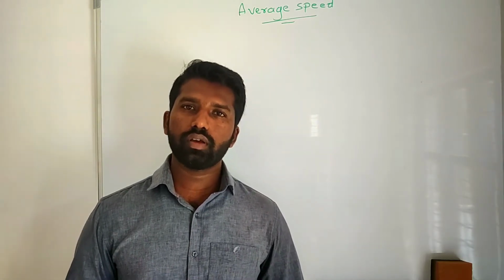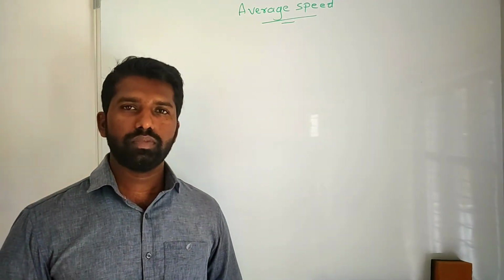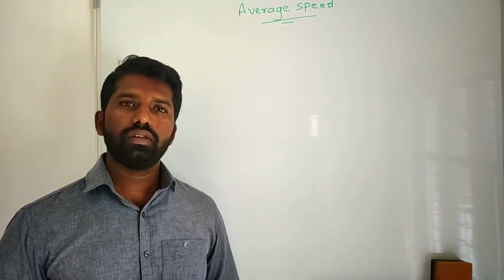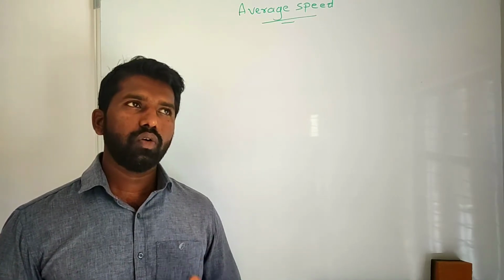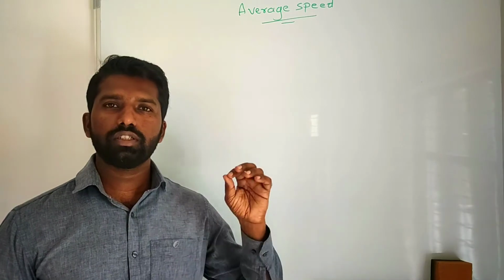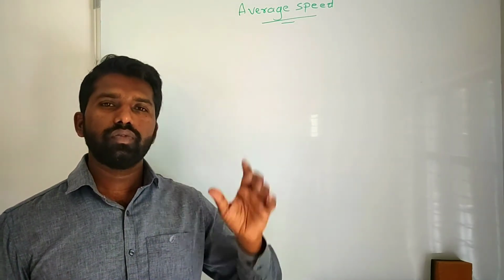In this video, I am going to discuss average speed problems, mainly for NEET and JEE exams. So how we can attempt average speed problems we will see now. First we will see what average speed is.